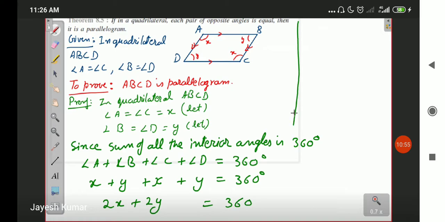Taking 2 as common, x plus y, 360 degrees, x plus y should be equal to 180 degrees.